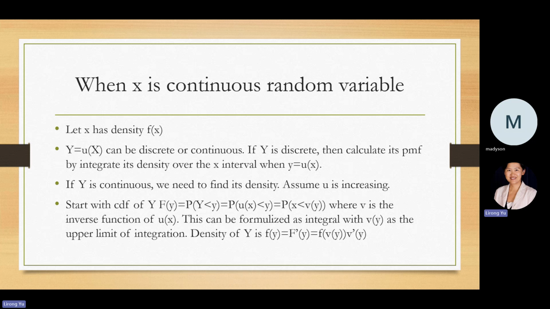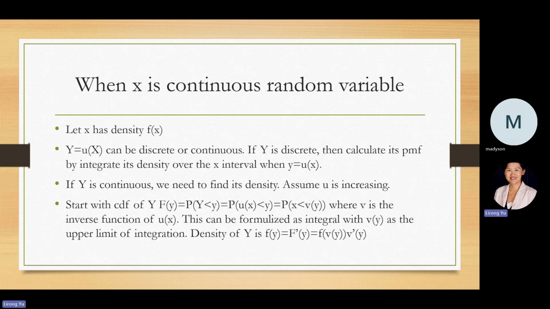So each probability should be an integration since x itself is continuous. Now, if y is continuous, then we will calculate the density function using a calculus method. You can start with the CDF and then identify from the CDF the formula for the distribution of y, and then you find the derivative from there, right?